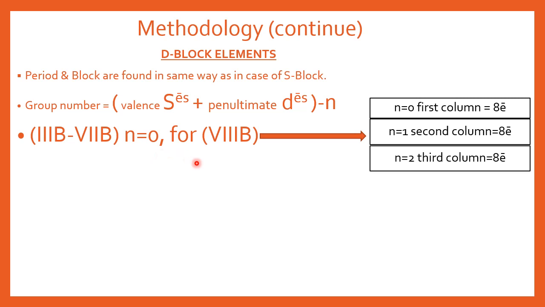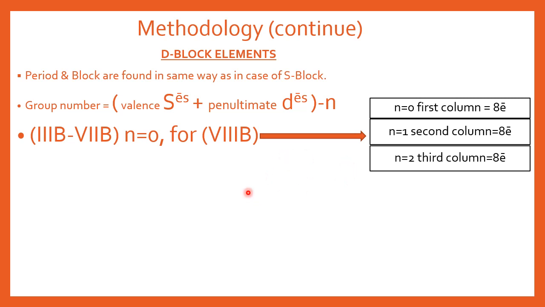And if you add them and subtract 2 to get 8 electrons, it means the element belongs to the third column of group 8B.